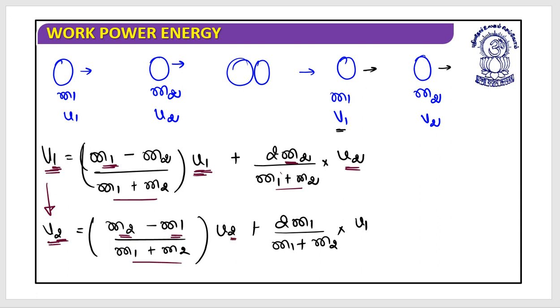Once the information about that body is over, you switch to the other body, so it's 2m1 divided by m1 plus m2 into u1. I hope this is clear, and this will help you remember it. Is it clear?